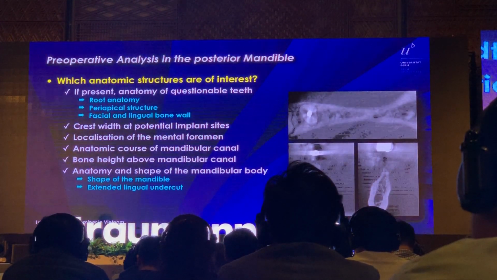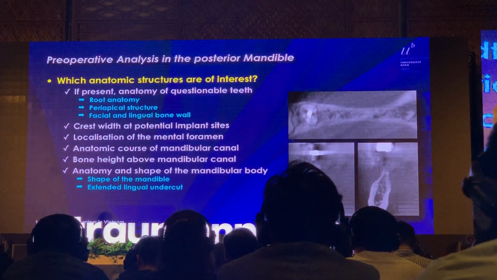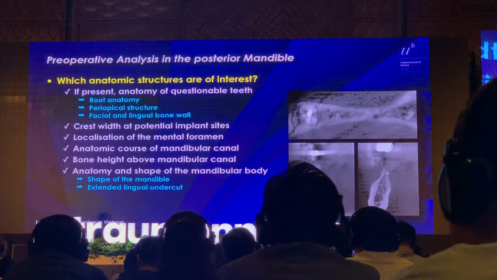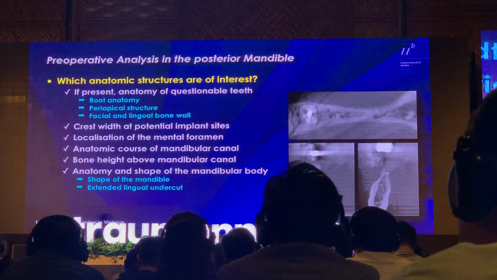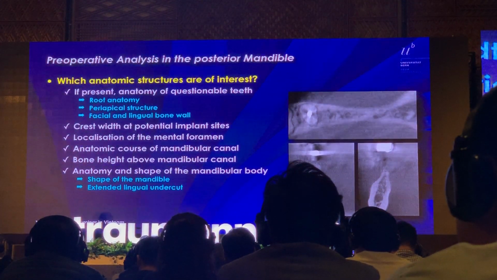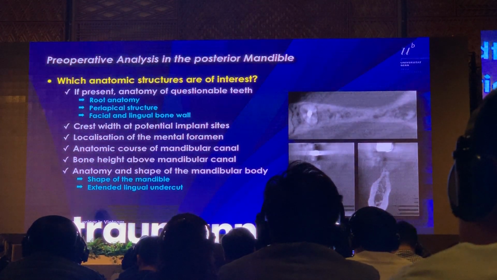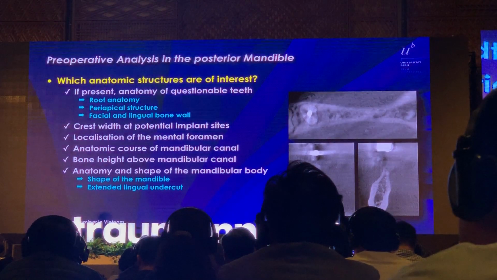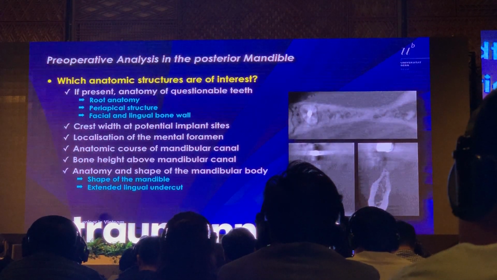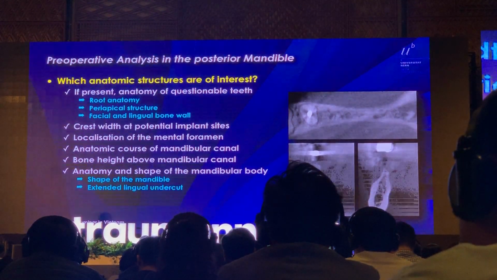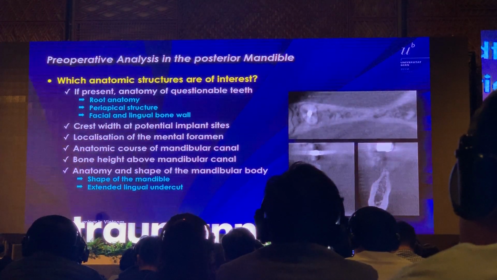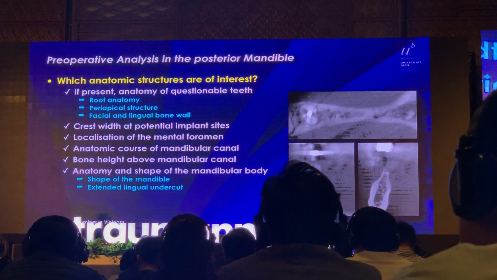You feel on the top, is it narrow, is it getting wide? You check the keratinized mucosa. When it's a borderline case, then you take a 3-dimensional radiograph. If it's nice and wide, then a panoramic radiograph is sufficient. You don't need a cone-beam CT then. But both are possible, depending.